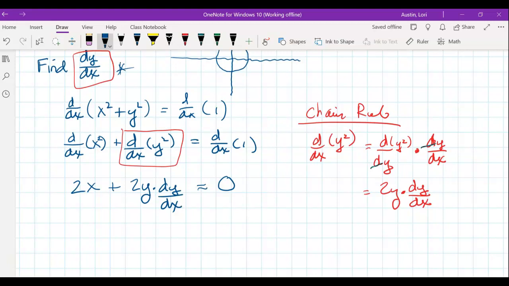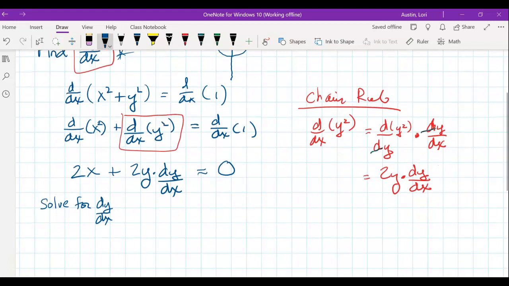So after you take d dx of both sides of your equation, all you're going to do is solve for dy dx and get it by itself. This is a very algebra heavy problem. Not this one. This one's easy. This one's short. Not easy, short.